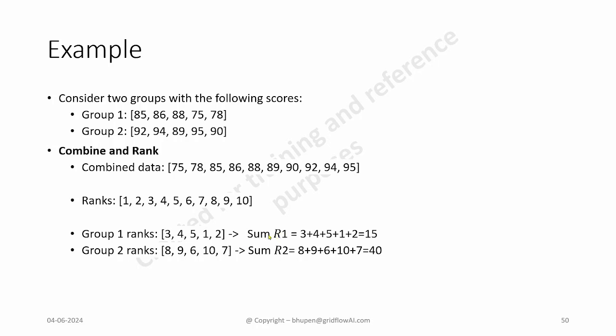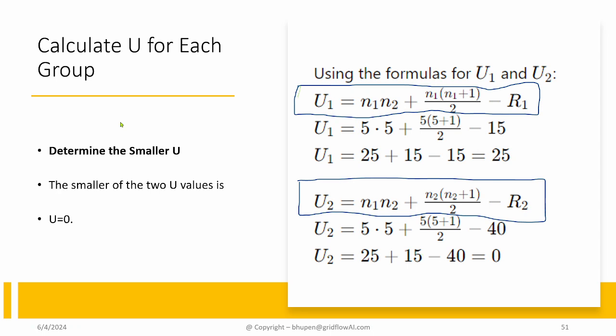So sum them up: the sum of the ranks for group 1 and the sum of the ranks for group 2, and we pick the smaller of the two, which is going to be 15 in this case. Now we compute the U for each of the groups. This is what we substituted, and we get the values of U1 and U2, for example 25 and 0. If U1 is 25 and U2 is 0, then the minimum of the two is 0. So we pick the U statistic as 0.